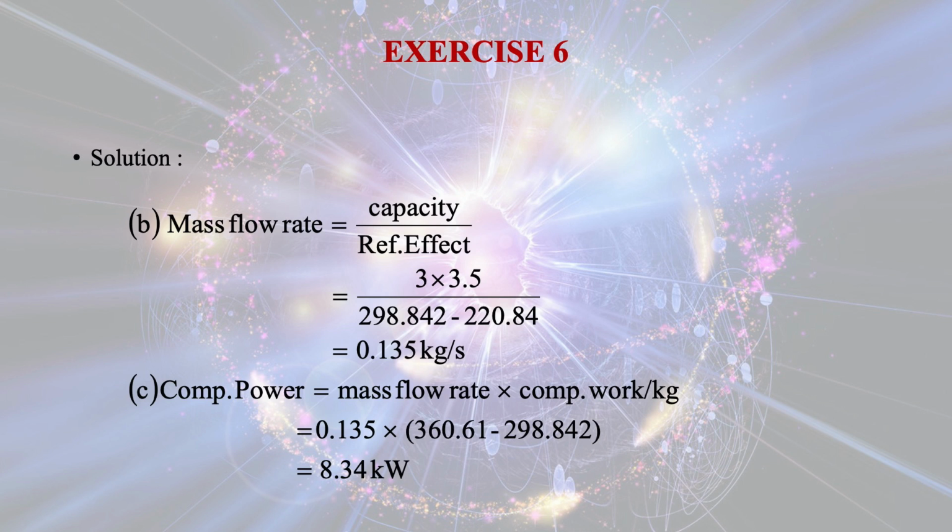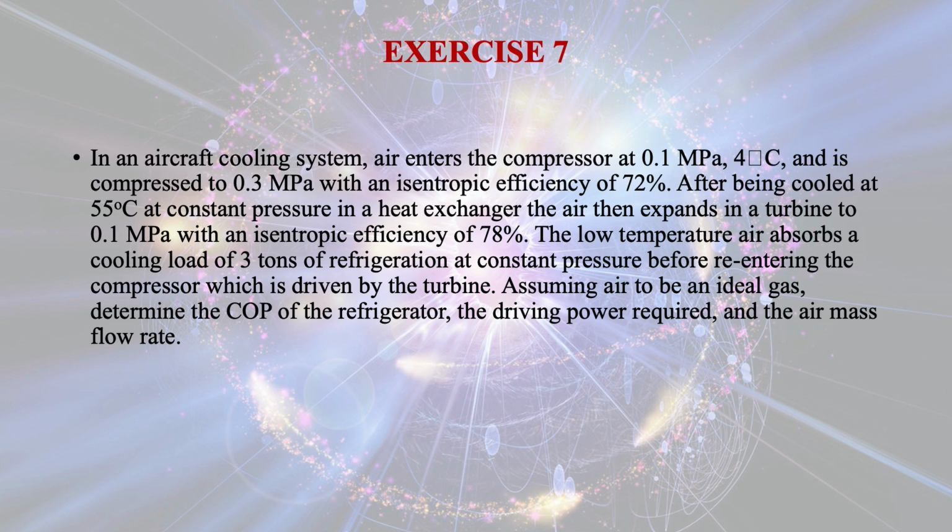Now let us discuss the last problem. In an aircraft cooling system, air enters the compressor at 0.1 megapascal and 4 degrees centigrade and is compressed to 0.3 megapascal with an isentropic efficiency of 72%. After being cooled to 55 degrees centigrade at constant pressure in a heat exchanger, the air then expands in a turbine to 0.1 megapascal with an isentropic efficiency of 78%.